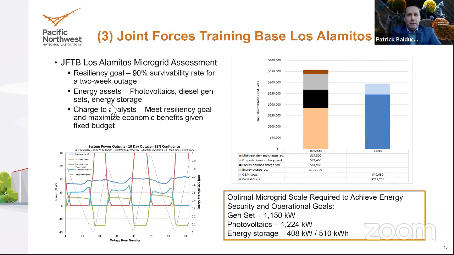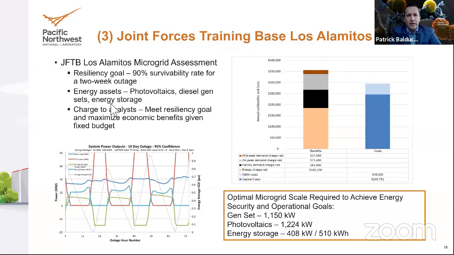And what that means is, diesel generators are going to be less costly in nearly all cases for meeting the resiliency goals of a system relative to PV and energy storage. But energy storage and PV or solar can generate benefits, and so you can net out those benefits from the cost of the systems. And so that's what our microgrid model can do.